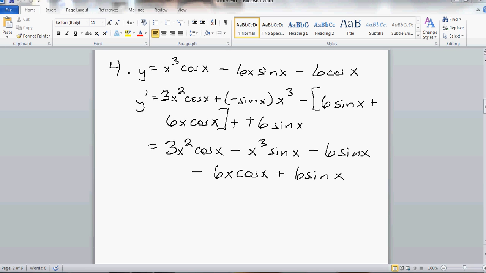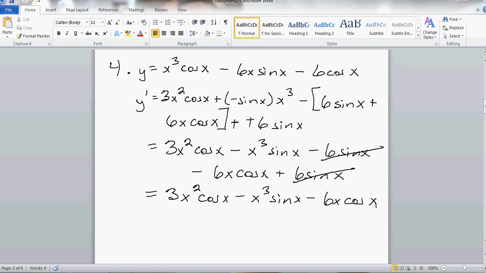And I look, will anything simplify? Well, the negative 6 sine x and the positive 6 sine x cancel each other out, which leaves 3x squared cosine of x minus x cubed sine of x minus 6x cosine of x.